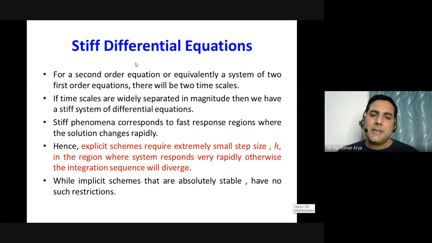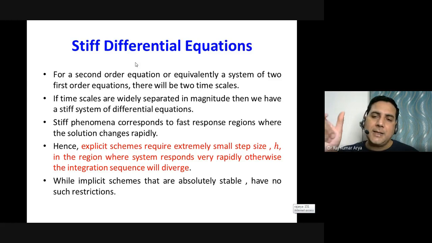Stiff differential equations means, let's say you are solving dy upon dx equal to something, and you change dx by a small value. If y changes very drastically, those types of equations are called stiff differential equations. A slight change in the independent variable changes your dependent variable too much.